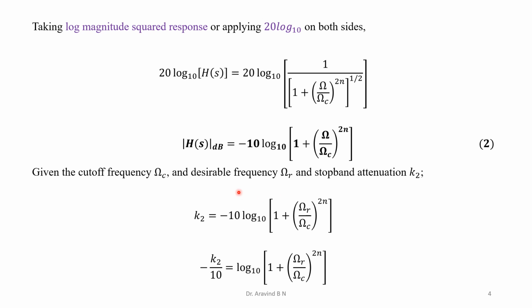Now let us consider the stop band specification and apply it to equation 2. In place of omega, use omega r, and in place of |H(s)| in dB, use k2. Doing that, we get k2 is equal to minus 10 log base 10 of [1 + (omega r/omega c)^(2n)]. Performing the cross multiplication of the minus 10 to the left hand side, we obtain this expression.